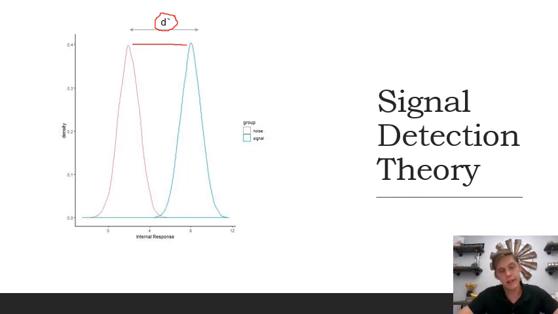Sniff this, is there something here or not? And then there's a way to turn that data into a noise distribution and a signal distribution, and calculate d prime to determine the overall discriminability of that particular odor in that situation with that noise distribution.